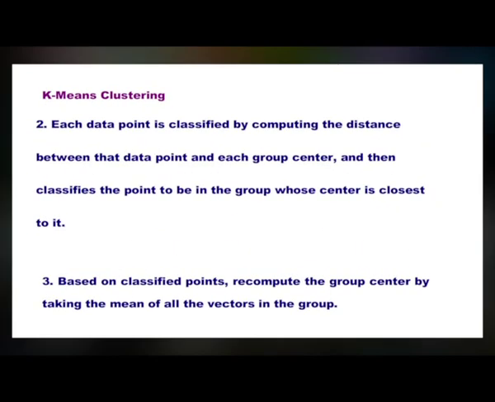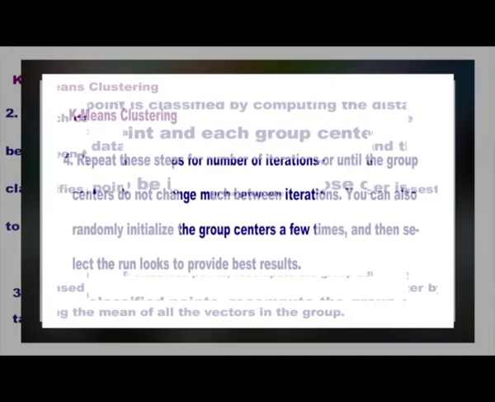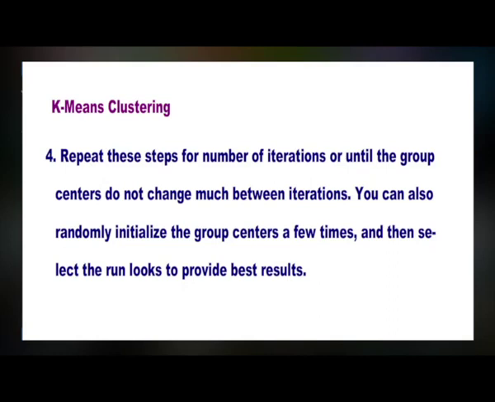Each data point is classified by computing the distance between that data point and each group center, and then classifying the point to be in the group whose center is closest to it. Based on the classified points, recompute the group center by taking the mean of all the vectors in the group. Further, repeat these steps for a number of iterations or until the group centers do not change much between iterations.